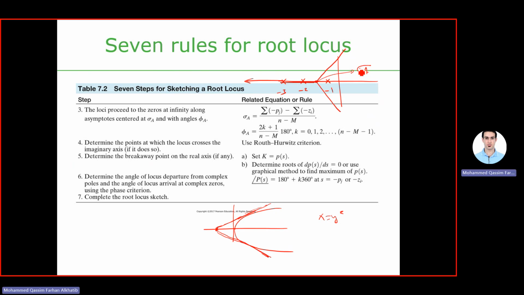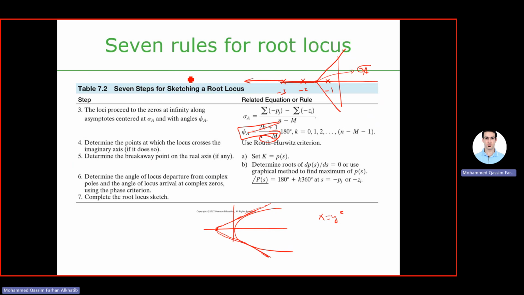Now, what will be the direction of the asymptotes? The direction is given by this formula: 2k plus 1 over n minus m, where k is a factor. It's the difference between poles and zeros. If n minus m is 3, I have 3 values of k: 0, 1, 2.